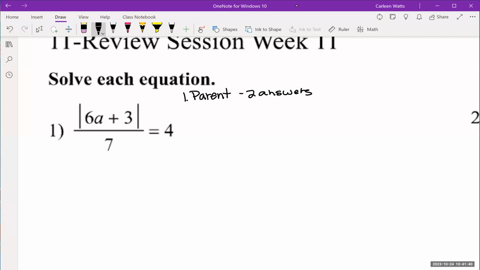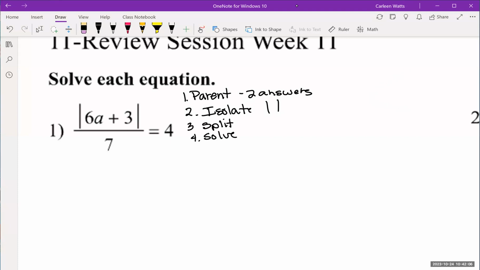So this is what we're going to do, and I would like you to do them in this order. Isolate the absolute value. Split and solve.